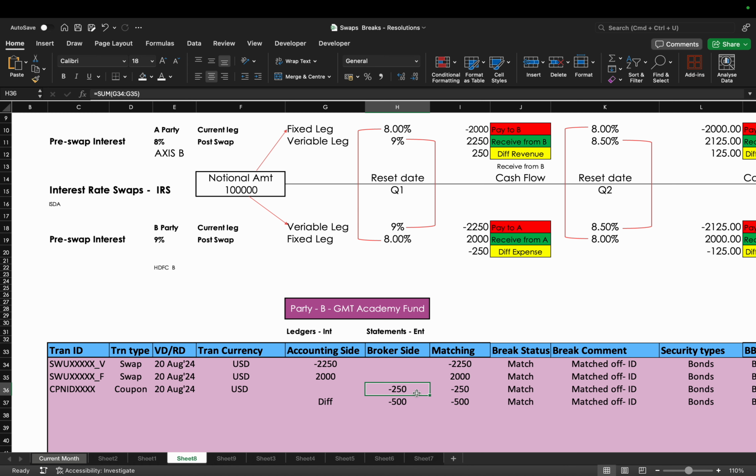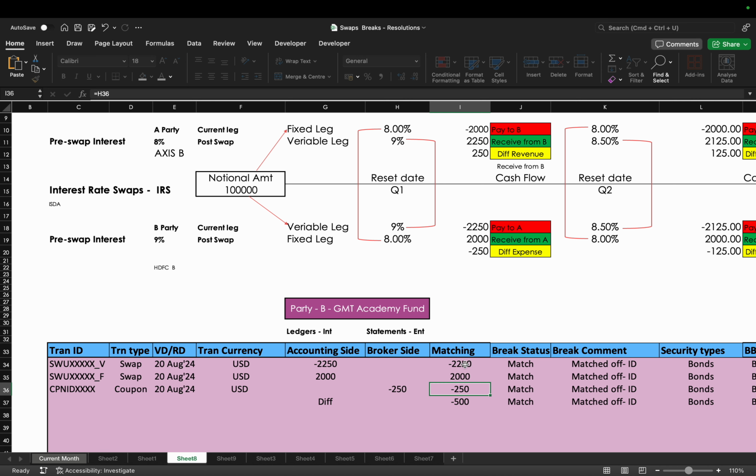So the broker updates the statements, and statement versus ledger, you can match the difference. Here we are looking for minus 250, but this one should actually be positive for reconciliation, and then only you can match it off.